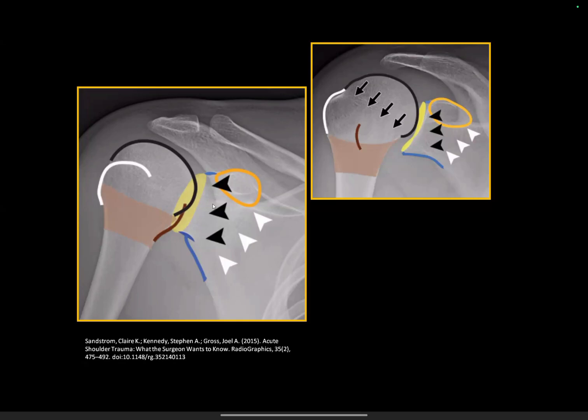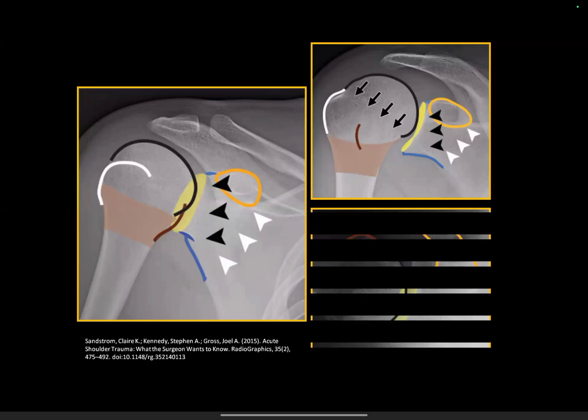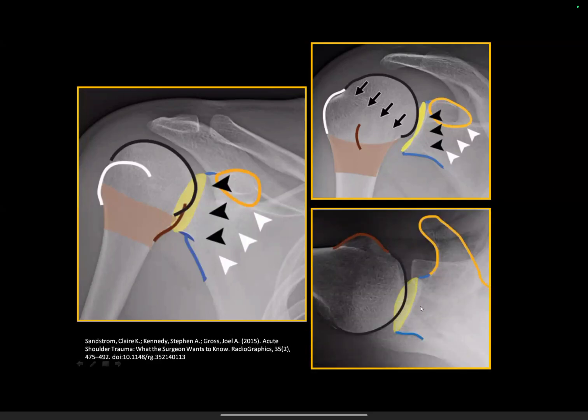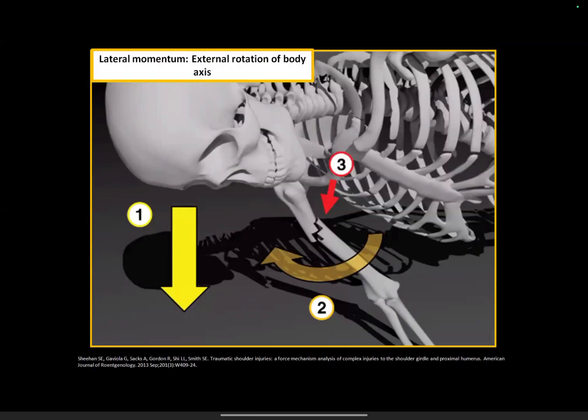Now, this is the surgical neck of the humerus, whereas this is the anatomical neck, and this is the coracoid. We can see these anatomical structures on the regular frontal radiograph or the Grashey view, which is called the true AP radiograph, or we can also see them on axillary view, which we'll talk about in a bit more detail in the upcoming slides.